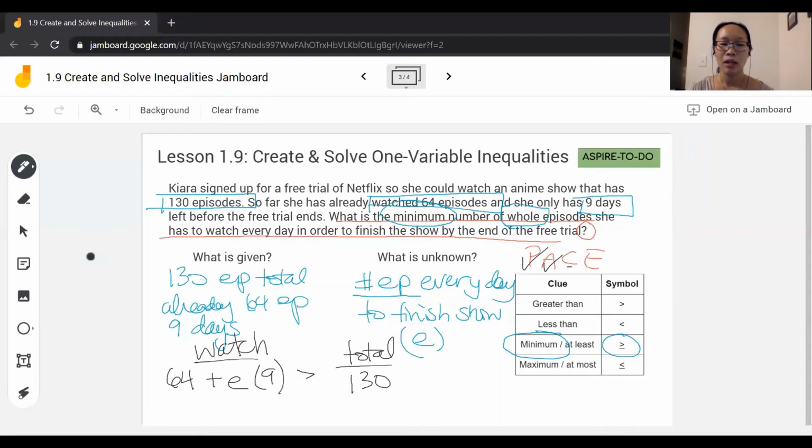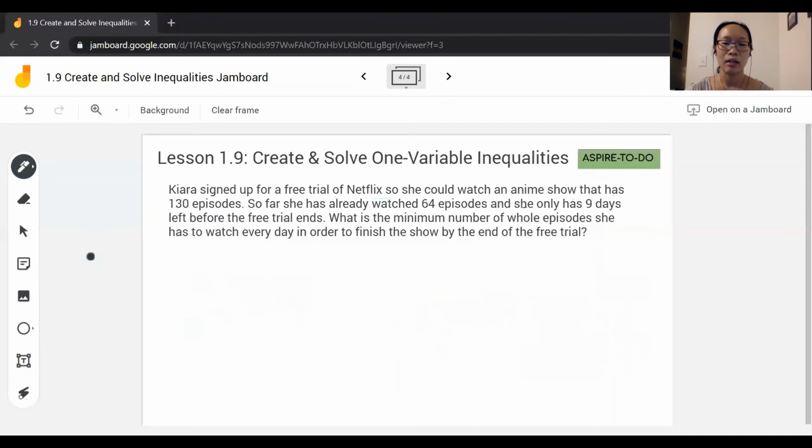And that is going to be greater than or equal to 130 so that she can finish the show in time. I'm going to rewrite this so it's a little neater. We have more room to solve this. So this is 64. Remember, when we have a number times a variable, we put the number first. That's just math convention. So 64 plus 9e is greater than or equal to 130.